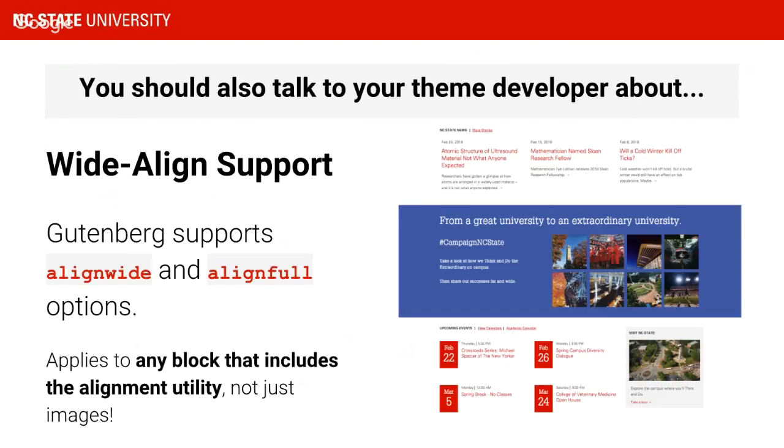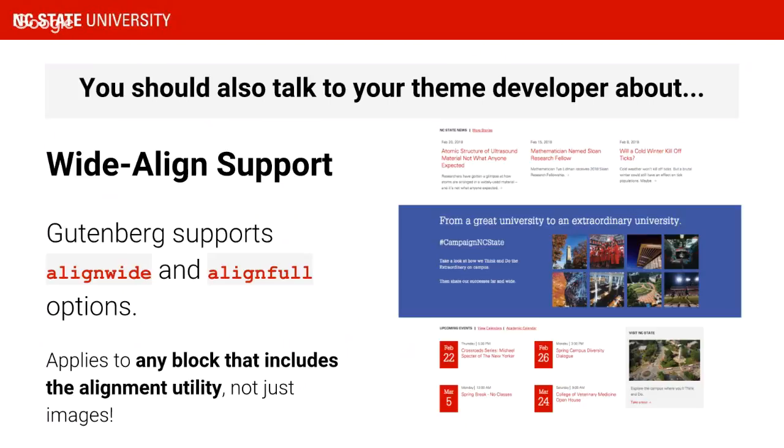Also talk to your theme developer about wide align support. In the classic editor, we're used to align left, align center, align right. Gutenberg brings two more options, align wide and align full, which your theme can support. Basically this lets you have a container where the content inside is still only as wide as your regular container, but it may allow the background to go all the way to the edge of the screen, or have an image that fills up the screen, which is a cool effect.